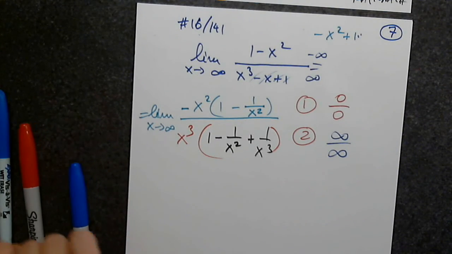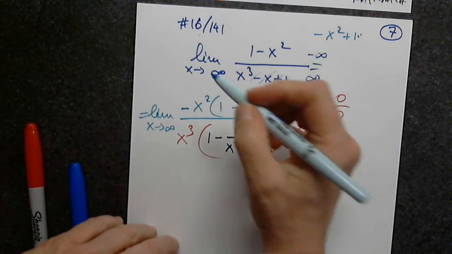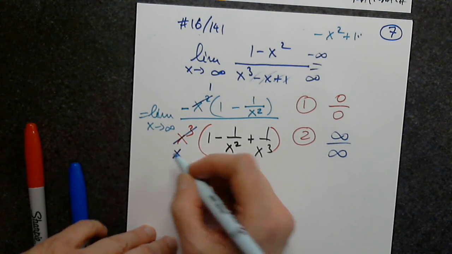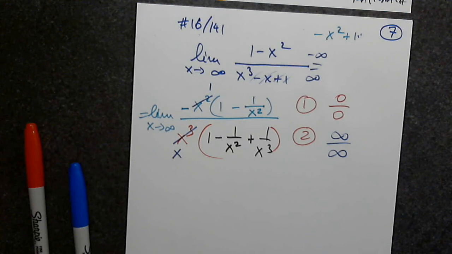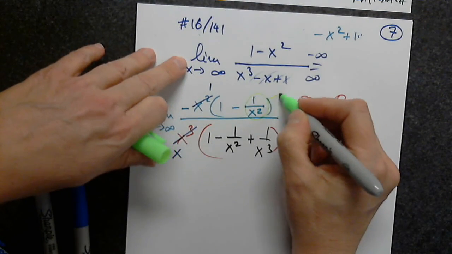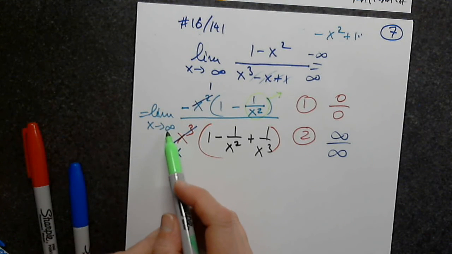Now my next step is this. Can I simplify x squared from the top with x cubed from the denominator and still have an x in the denominator? Would you agree with that? Good. Next step, I'm going to ask you, where is this going when x approaches infinity?